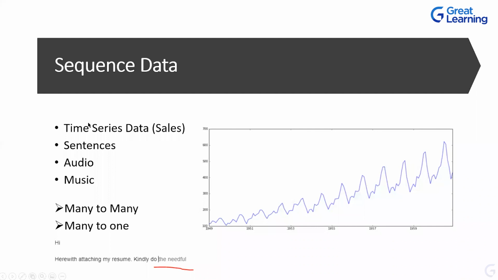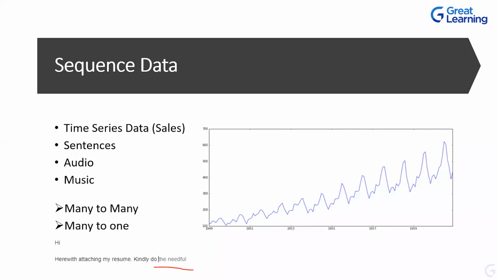Some examples of sequence data: time series data, let's say sales data, which I've shown here; sentences in terms of writing. Let's say we want to know what Donald Trump is going to tweet next, or what Elon Musk is going to say. Let's say he started typing a tweet and we want to know what he's actually going to type about. This has to be on a sequence basis, right? Sentences. And the same goes for audio and voice.